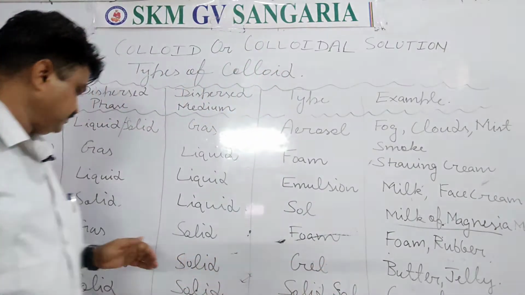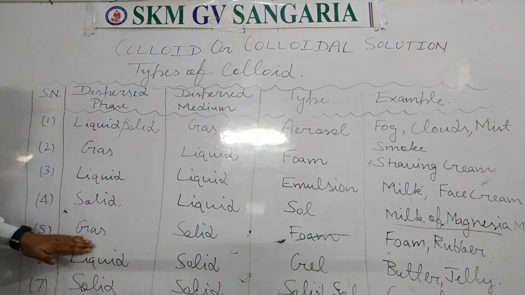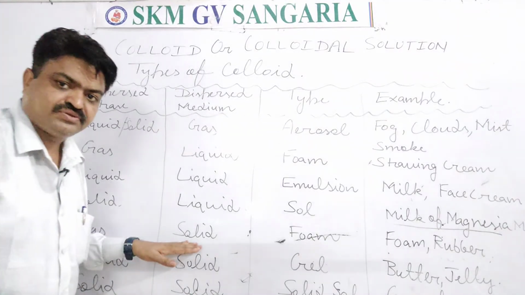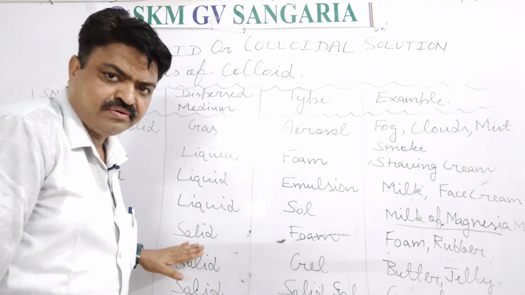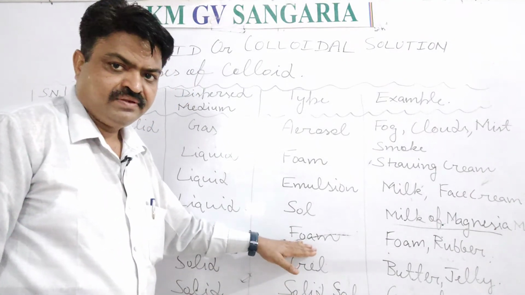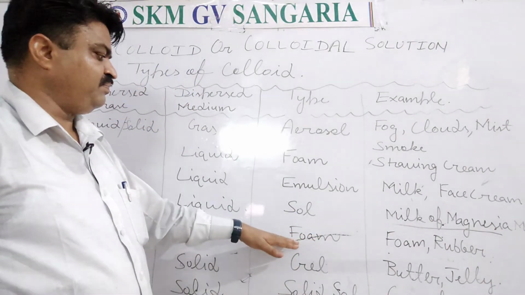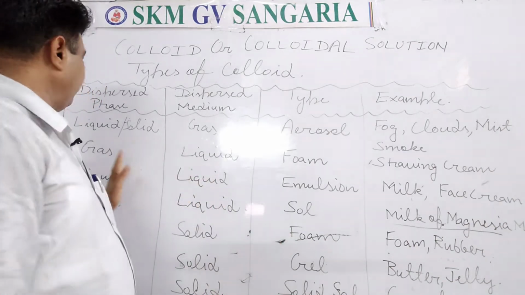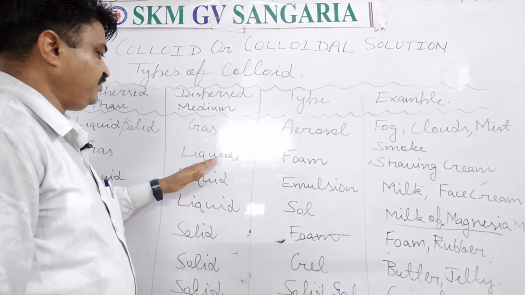Next is, when gas particles are dispersed into solid, then that particular colloid is known as foam, student. It is again foam. There are two types of foam. The first is obtained when the gaseous particle is dispersed into liquid.